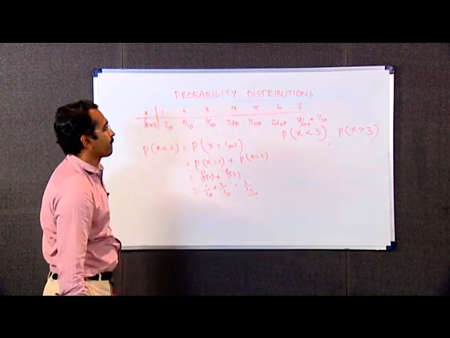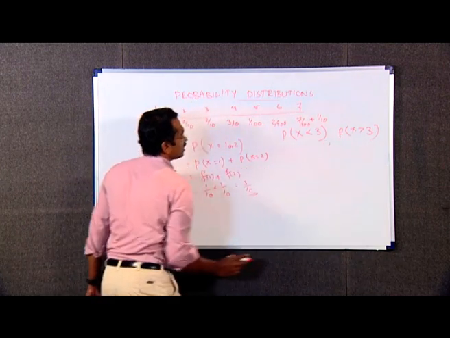Now, the second one is P of x greater than 3.